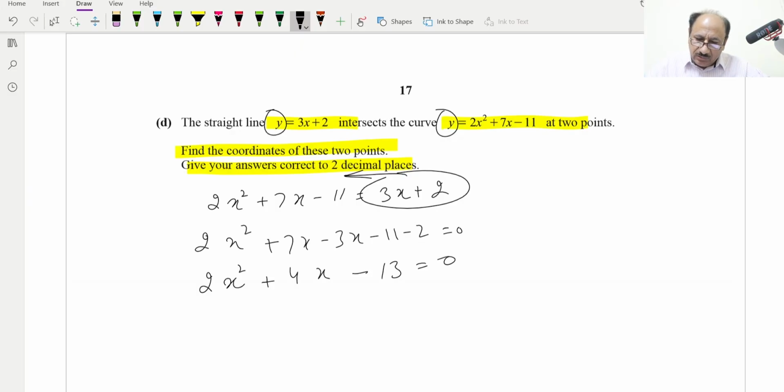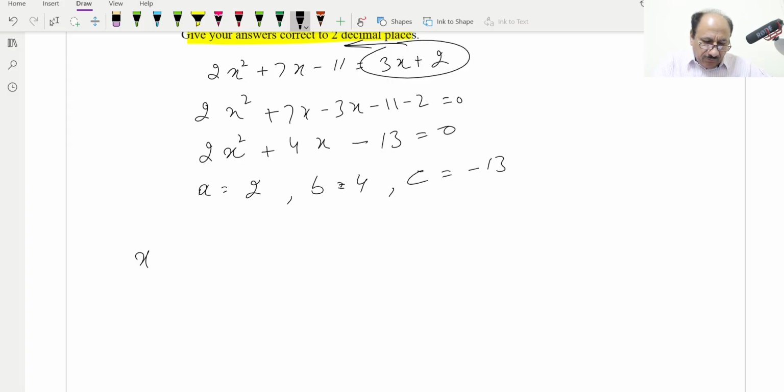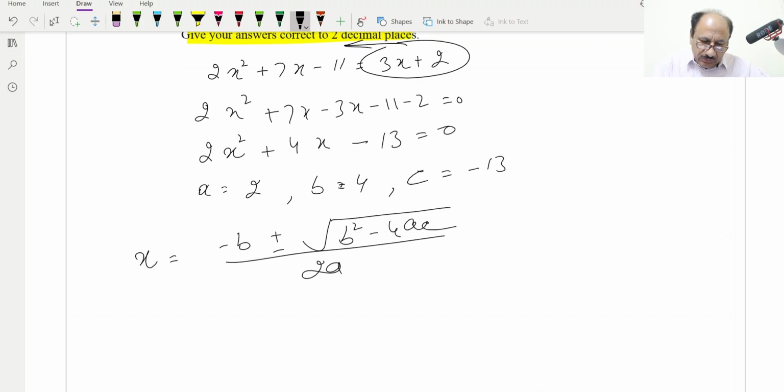Now this is our quadratic equation, which we can now solve. A is equal to 2, B is equal to 4, and C is equal to minus 13. So we can apply the formula x is equal to minus b plus minus square root of b square minus 4ac over 2a, and minus b means minus 4, and plus minus, always replace values in brackets.